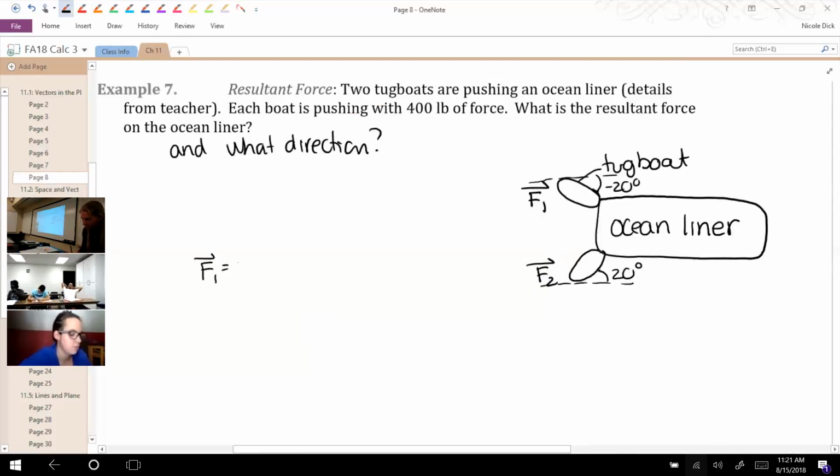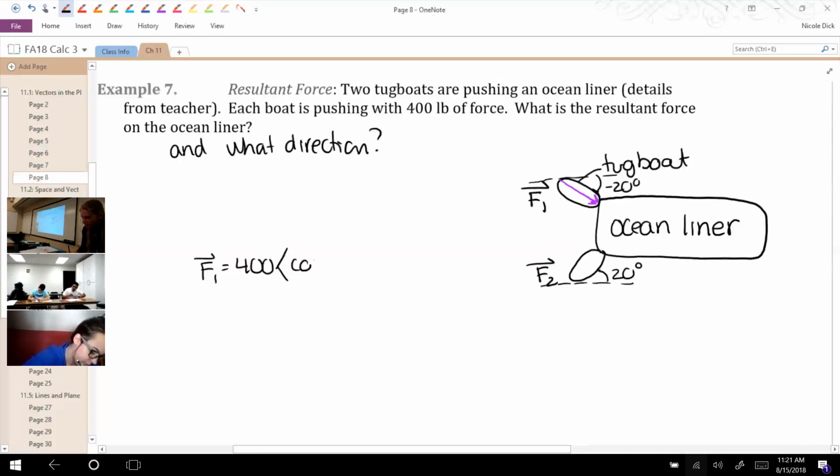For that first tugboat, we know it has 400 pounds of force. That's the length, that scalar. We're going to multiply by it this time. Then we ask, what vector represents the direction this tugboat is going in? Basically this little line right here is what we're trying to represent. Like we just said, cosine tells us the x change, sine tells us the y change.